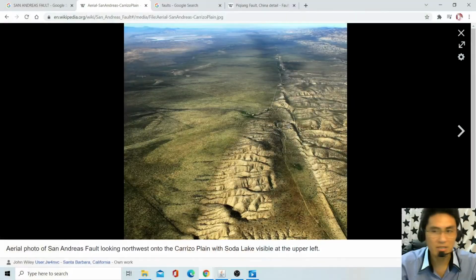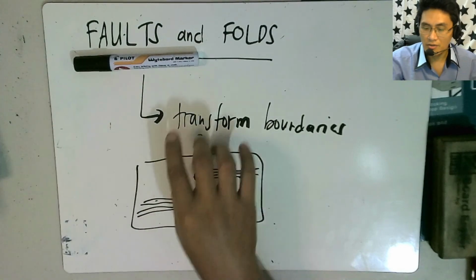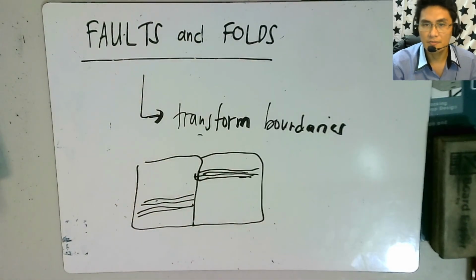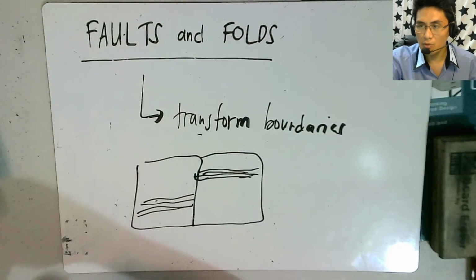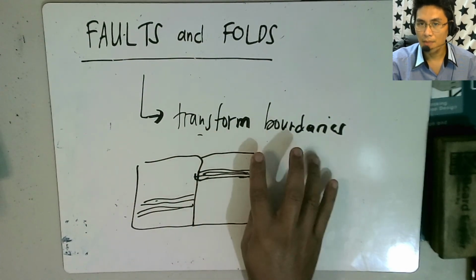And that's what you see here in the San Andreas transform fault. So that is it about faults and folds. They occur in other plate boundaries, but most prominently they are featured in transform boundaries.